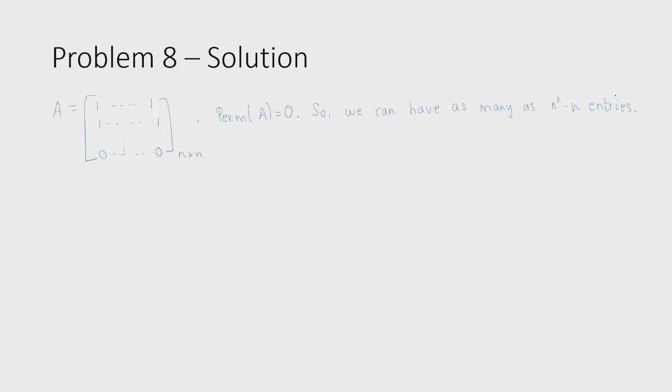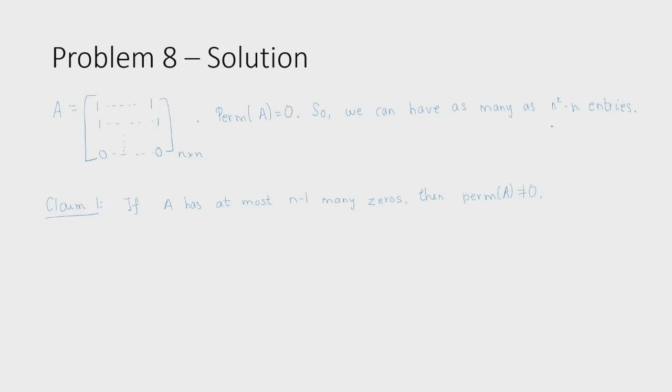That is, if you have more than n square minus n entries, then the permanent has to be non-zero. So we'll prove the following claim. The permanent of A is not equal to 0.